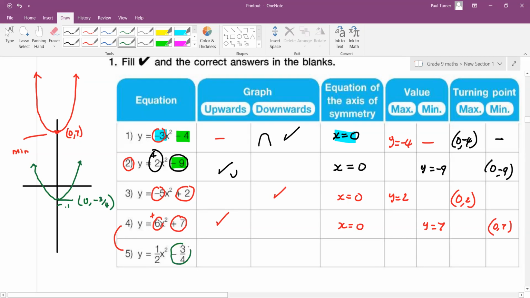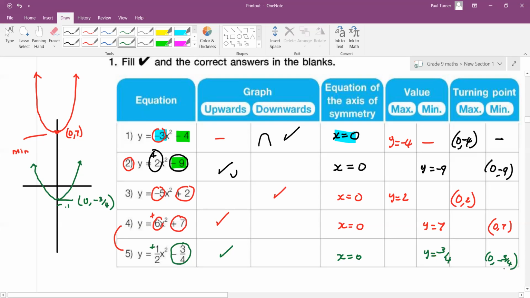And we're opening up because half is positive. So we open upwards, x equals 0, line of symmetry here. Your minimum value, because it's a low point, is y equals minus 3/4. And the turning point is 0, minus 3/4 as a minimum.